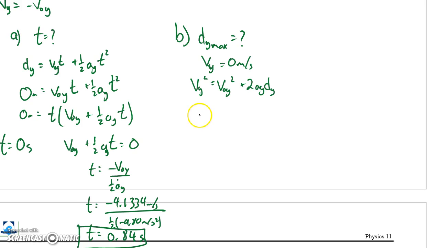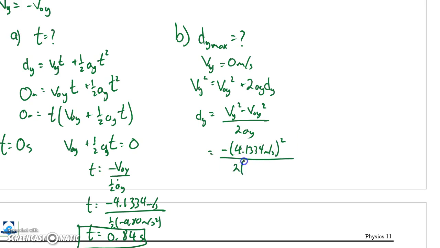So if we rearrange for dy, we will get vy squared minus v naught y squared over 2ay. So that's 0. And we get negative 4.1334 meters per second, and that's all squared over 2 times negative 9.80 meters per second squared. And that'll give us a dy at the maximum height of 0.87 meters.